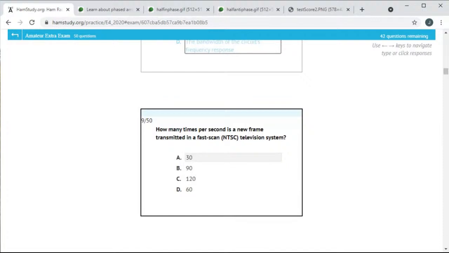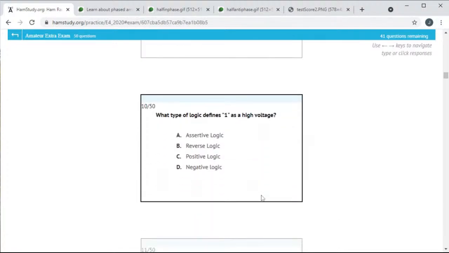Each transmission is half a frame, so I'm going to go with 30. What type of logic defines A as high voltage? A, assertive logic. B, reverse logic. C, positive logic. D, negative logic. I'm going to go positive logic.